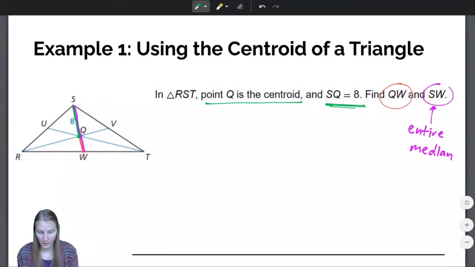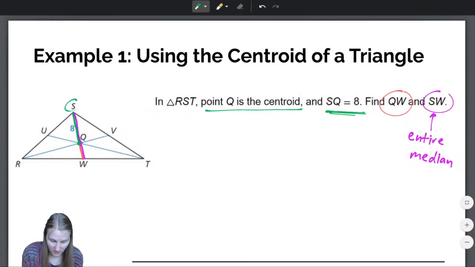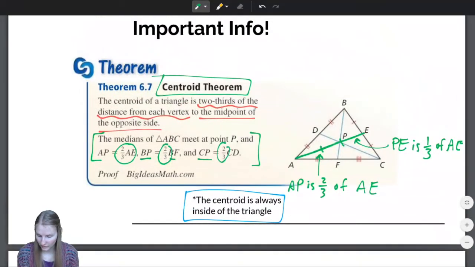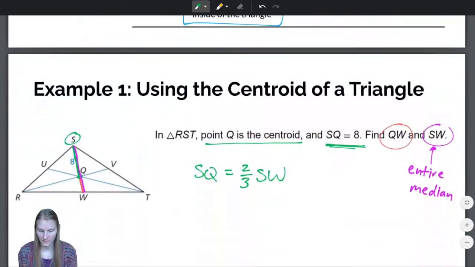So SQ is equal to 2/3 of the entire median.